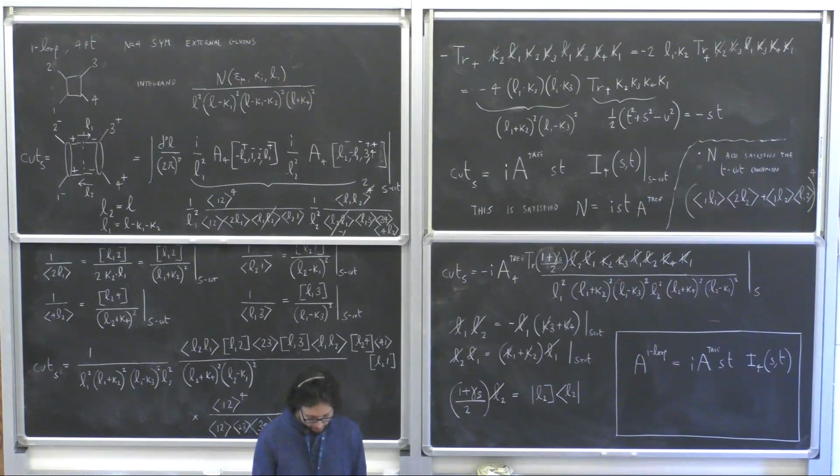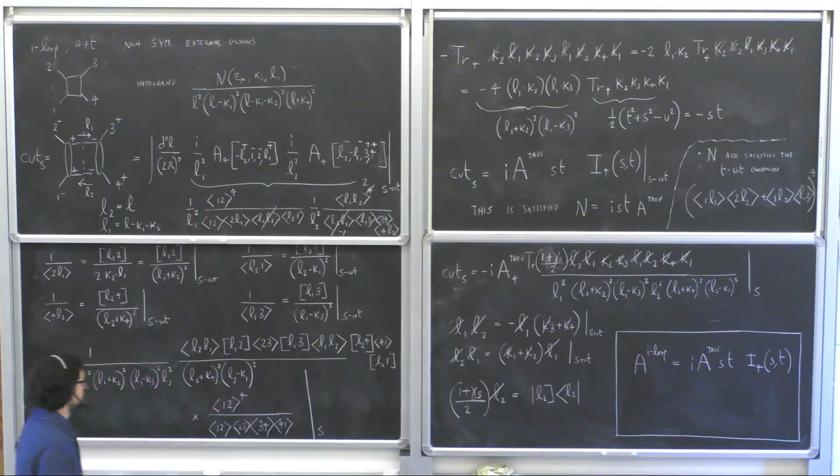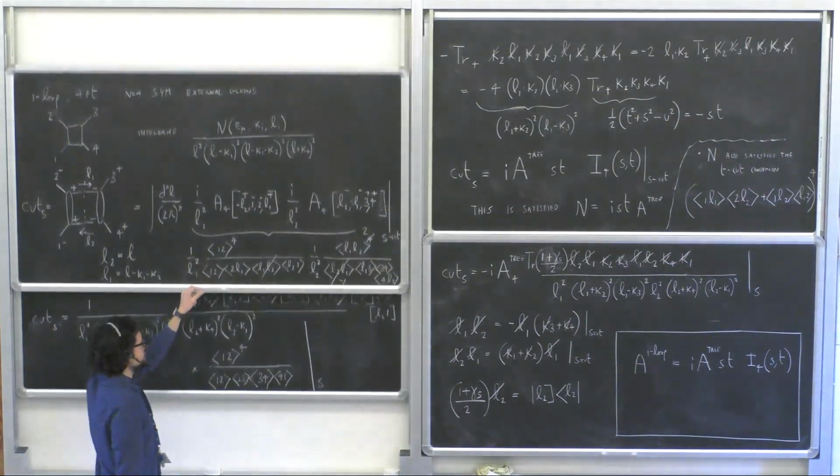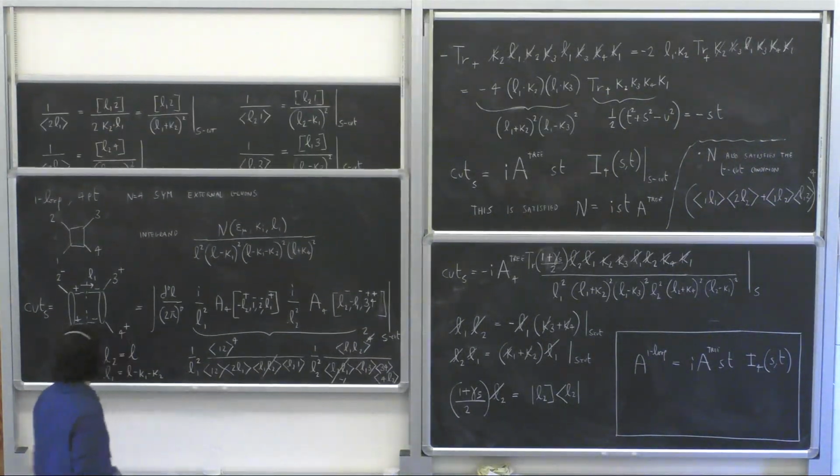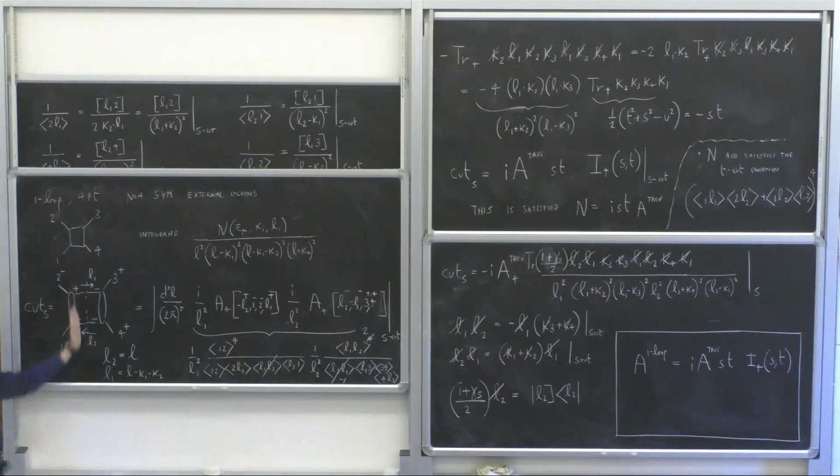So there are a couple of additional things I would like to comment on. One thing is that there are different ways of fixing this contribution. In this particular case, I've used, in a sense, an old-fashioned cut, because this is a cut involving two internal lines.